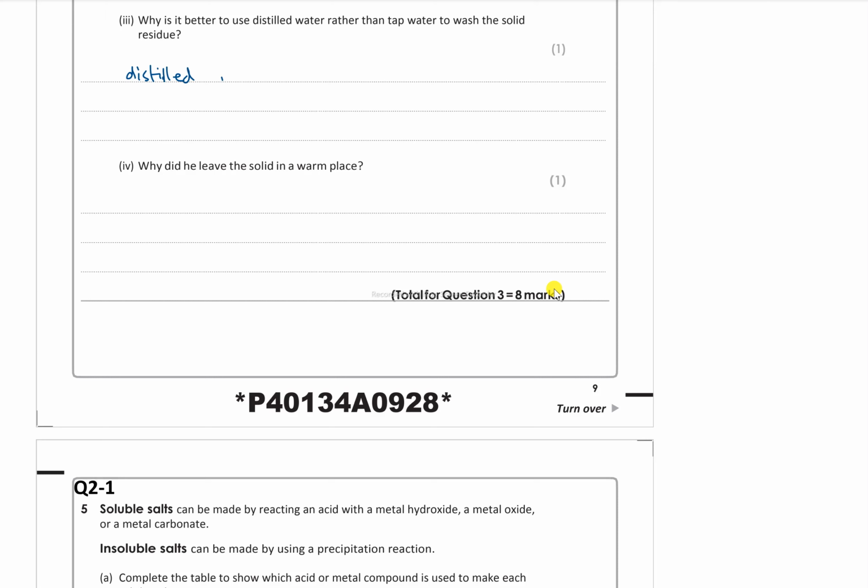Distilled water does not contain any impurities. Why did he leave the solid in a warm place? To evaporate off the water, or to make it evaporate off quicker.